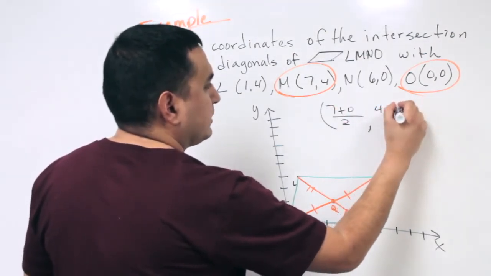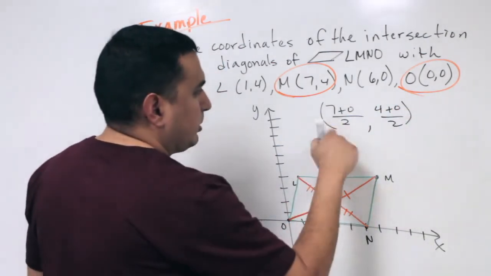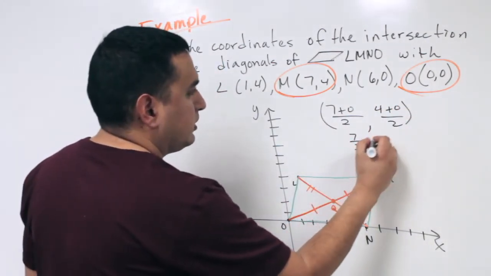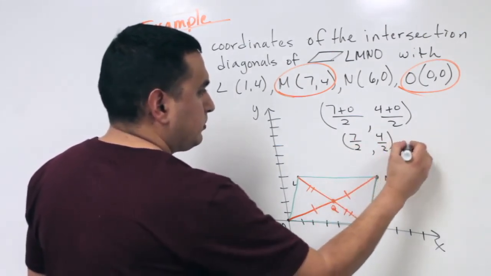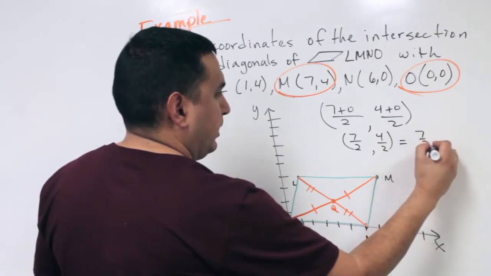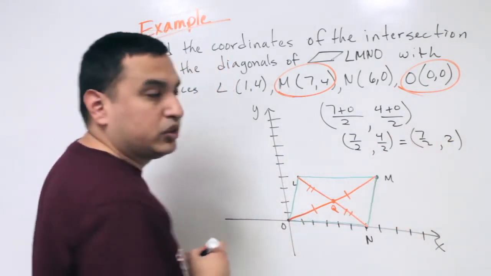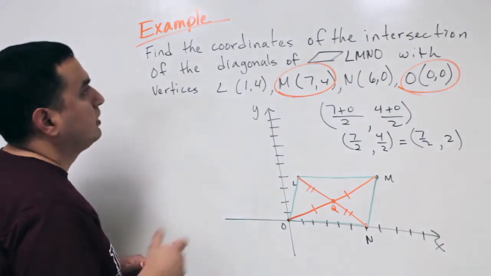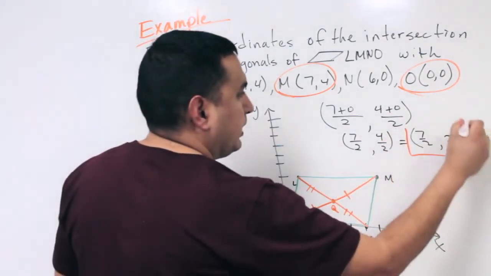Then I'll take 4 plus 0, divide that by 2. 7 plus 0 is obviously 7, so that's 7 halves. This would be 4 over 2, which would reduce down to 2. So that tells me the coordinates of the intersection right here are 7 halves, 2. This would be the answer.